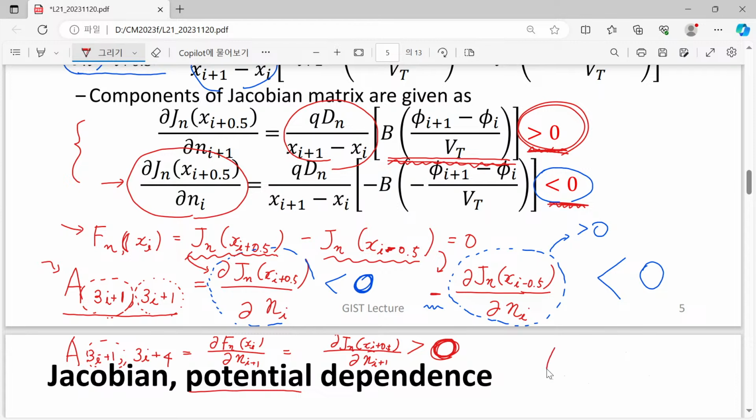Following the same argument, A sub the same row, however, minus 2, will also have a positive sign.